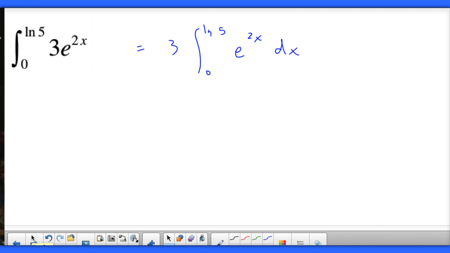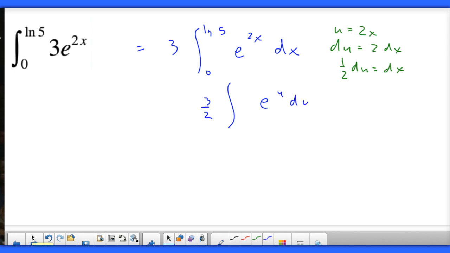And let's do a u substitution. How about u being 2x? So du would wind up being 2 dx. Looks like we'll need to do that half trick again. All right, so we have a half with the 3 that's out front, so that's going to be 3 halves e to the u du.